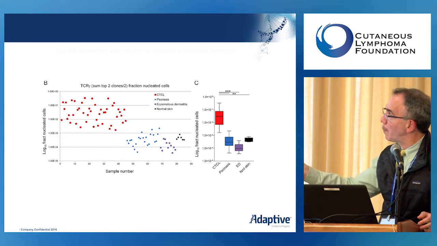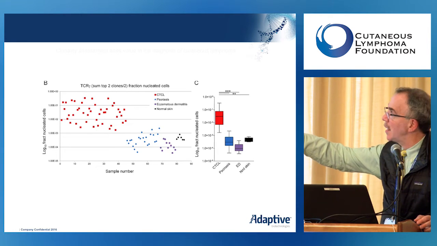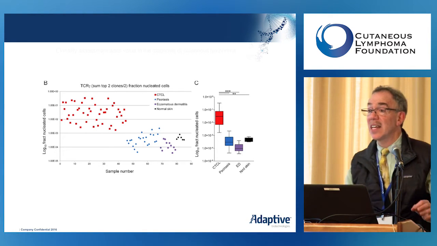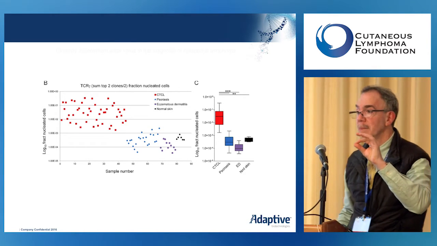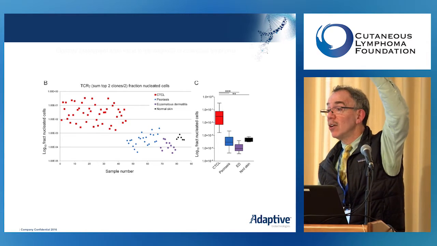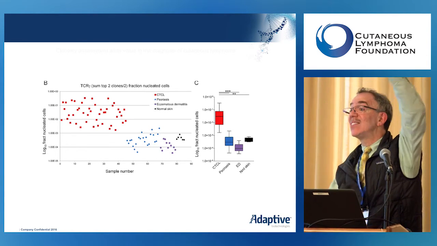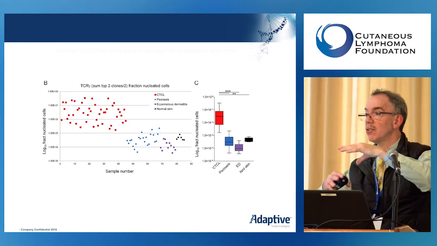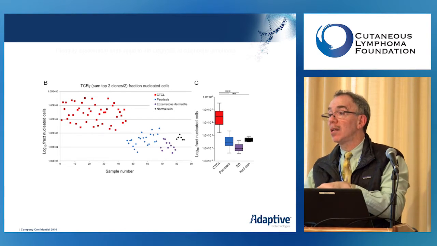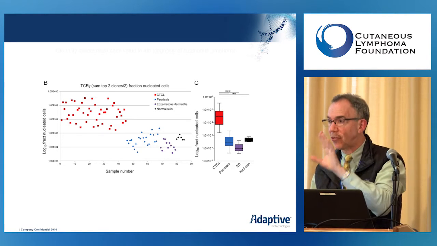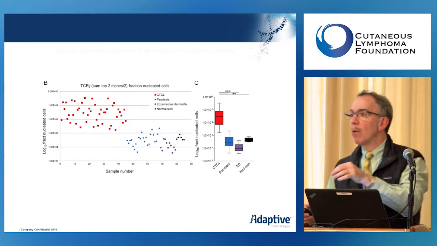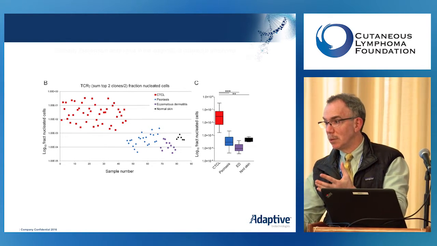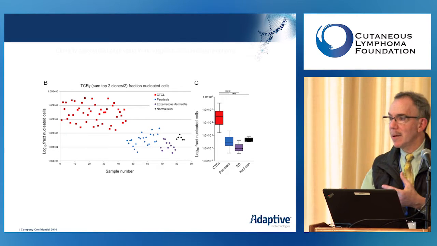And I think what you can appreciate, and maybe it's shown more easily here in this bar graph, is that the patients who have cutaneous T cell lymphoma have a higher level. Their clonality is higher compared to the clonality of all of the other skin biopsies that were analyzed. In other words, they were more monoclonal, okay?